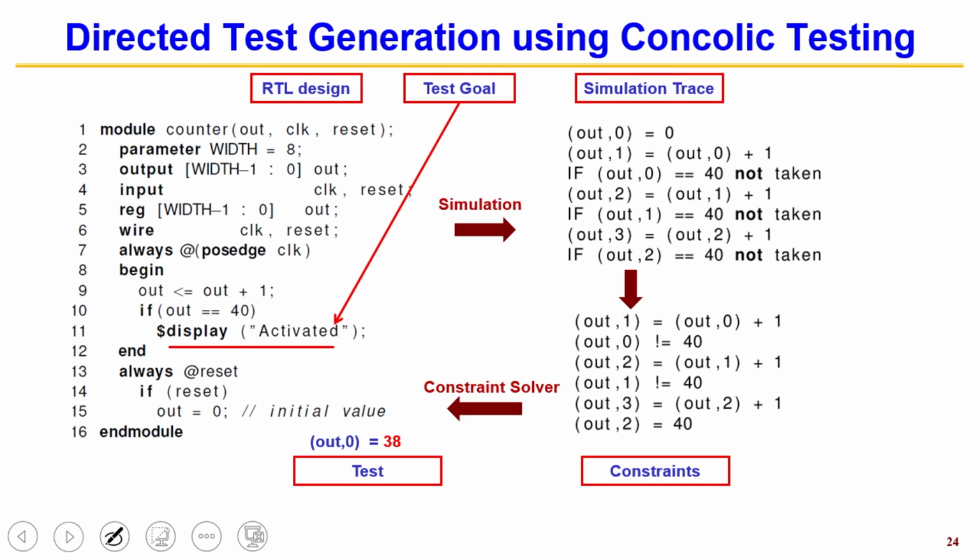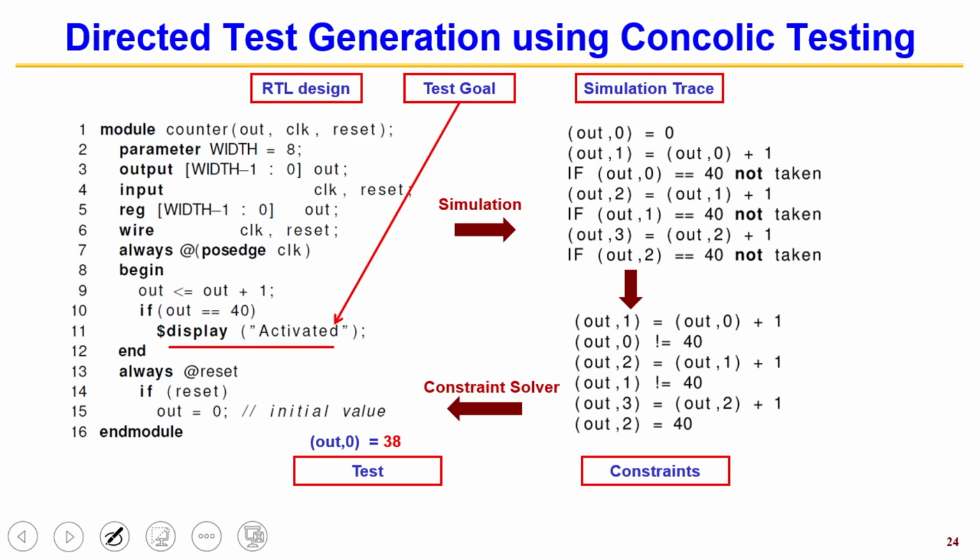What we really want is, if I have a design, it does not matter what this design is doing, if I want to activate a specific statement, or assertion, then the way concolic works is, first of all, we instrument the design. Instrumentation is of linear time complexity.